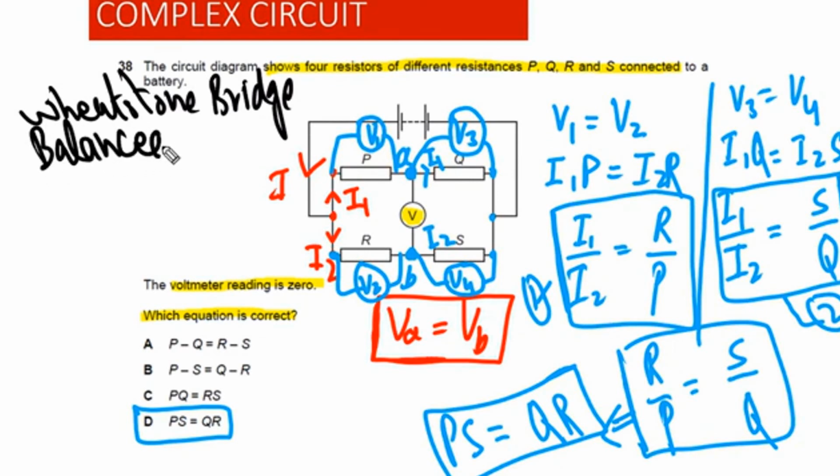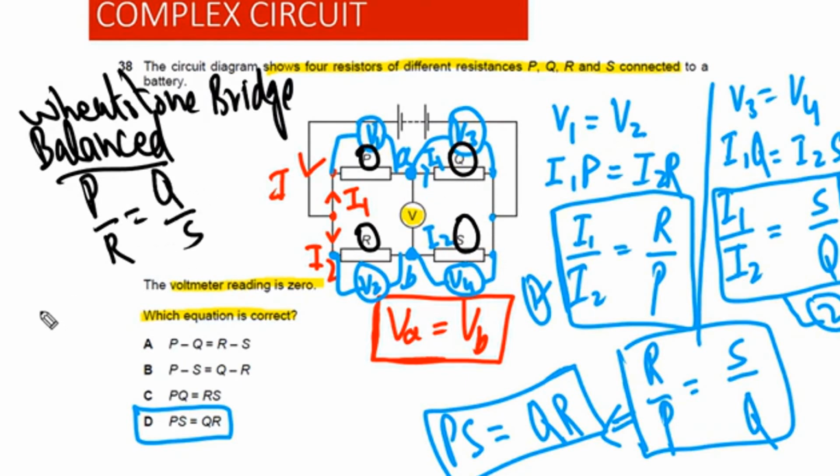If the Wheatstone bridge is balanced, then the ratio between this resistor and this resistor is always equal to the ratio between the next two resistors, Q over S. Then we can simply find our answer that PS will be equal to QR.